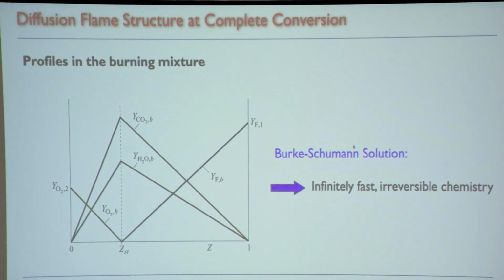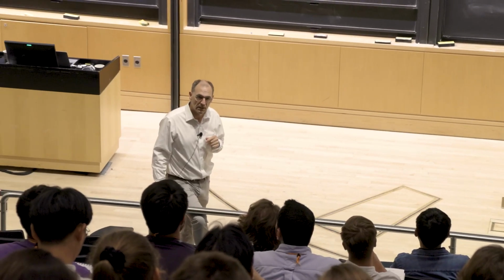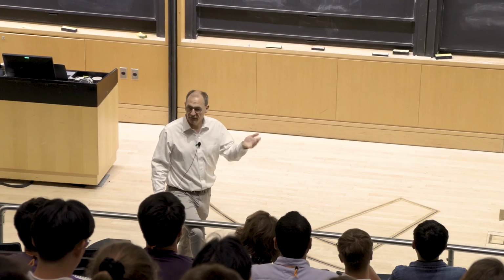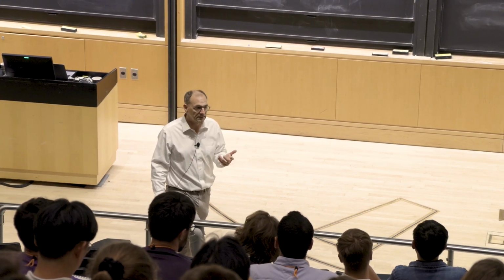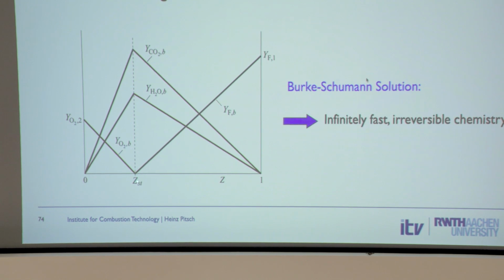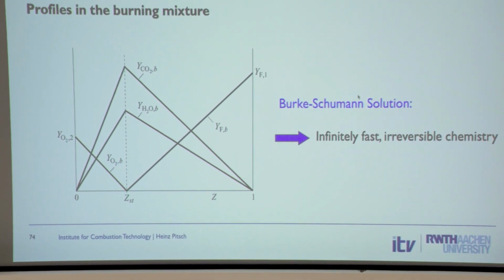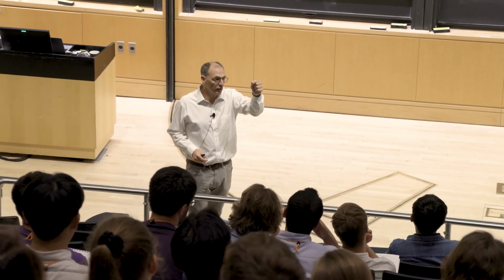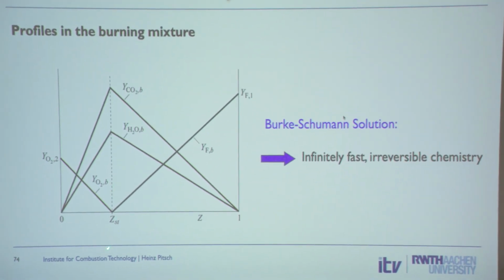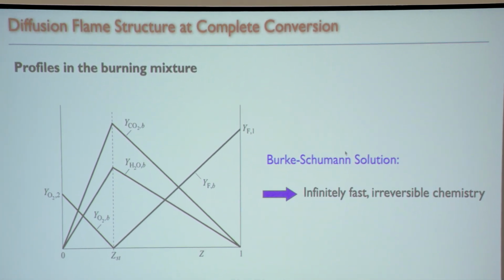And because in non-premixed combustion chemistry is often relatively fast, not infinitely fast, but very fast compared to mixing, the reaction zone is very thin. When the chemistry is infinitely fast, it's infinitely thin. When the chemistry is still very, very fast, it is very, very thin, okay? So that's why in typical non-premixed combustion systems, the reaction zone is very thin.